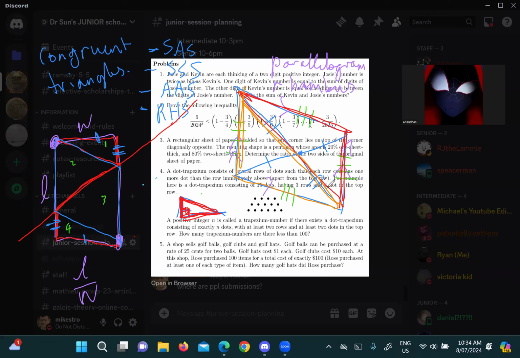Okay, and because they're parallel, we know that this angle is equal to this angle, right? Because they're alternate angles in parallel lines. You all learned this in year 7, right?